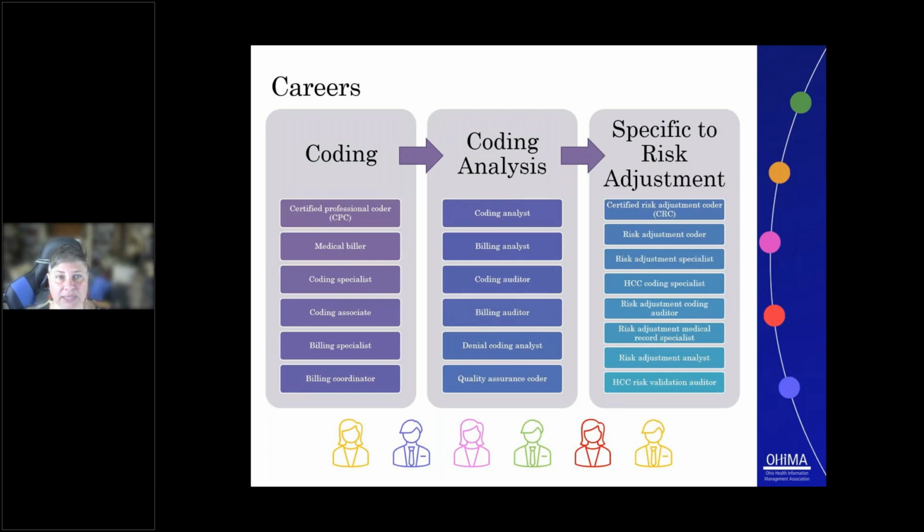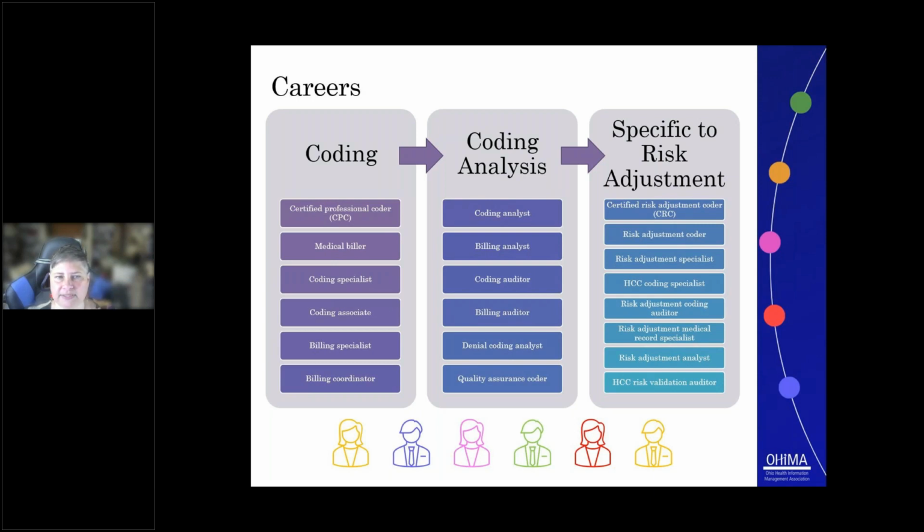These careers may be listed under a variety of job titles, and I've listed some examples here. But generally, any medical, dental, vision, coding, or billing position title, or any coding or billing analyst, auditor, or quality assurance title fits into the first 2 career categories.